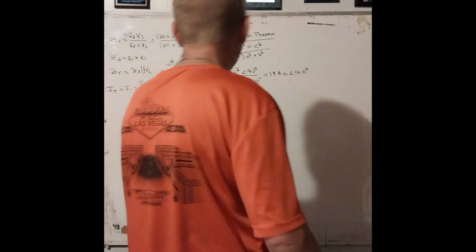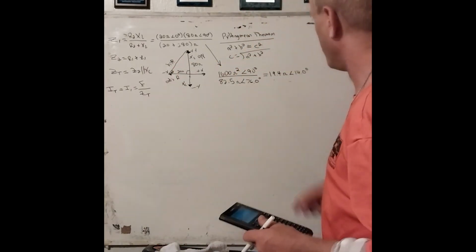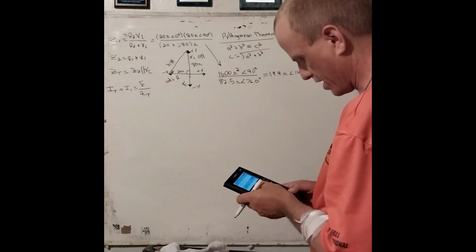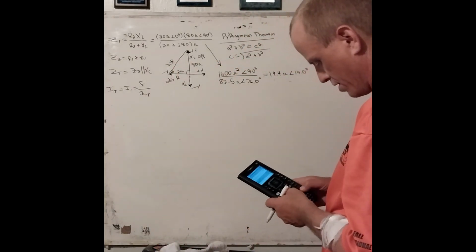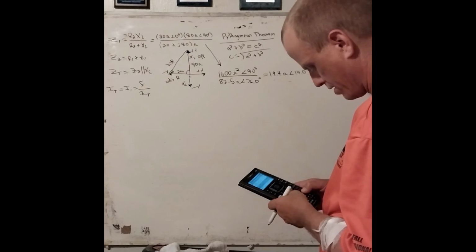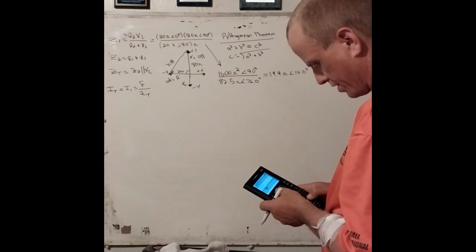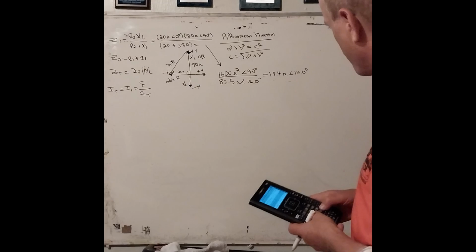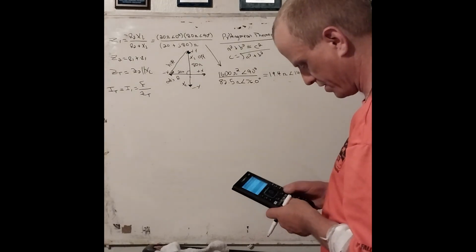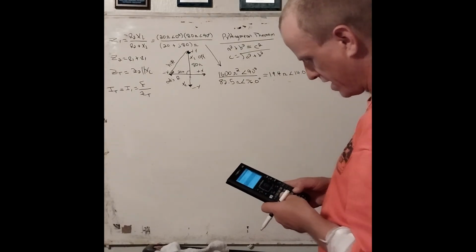All right, so what about Z sub 2? Z sub 2 is just R1 plus Z sub 1, but Z sub 1, let's take 19.4 times the cosine of 14 degrees. We get 18.8.